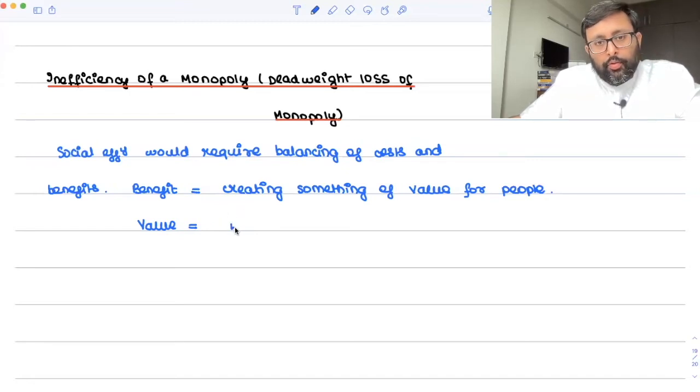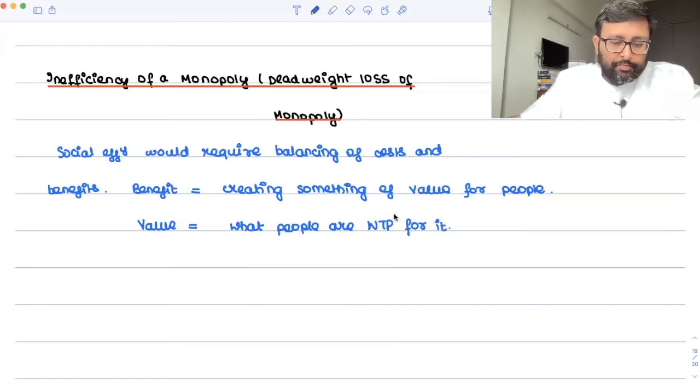What people are willing to pay for it. What is telling us the value? The demand curve, right?